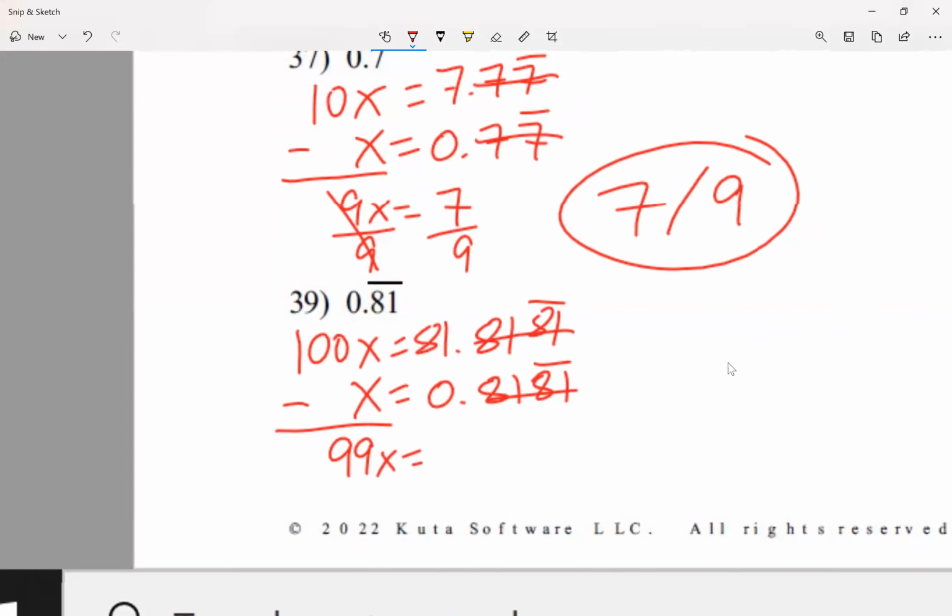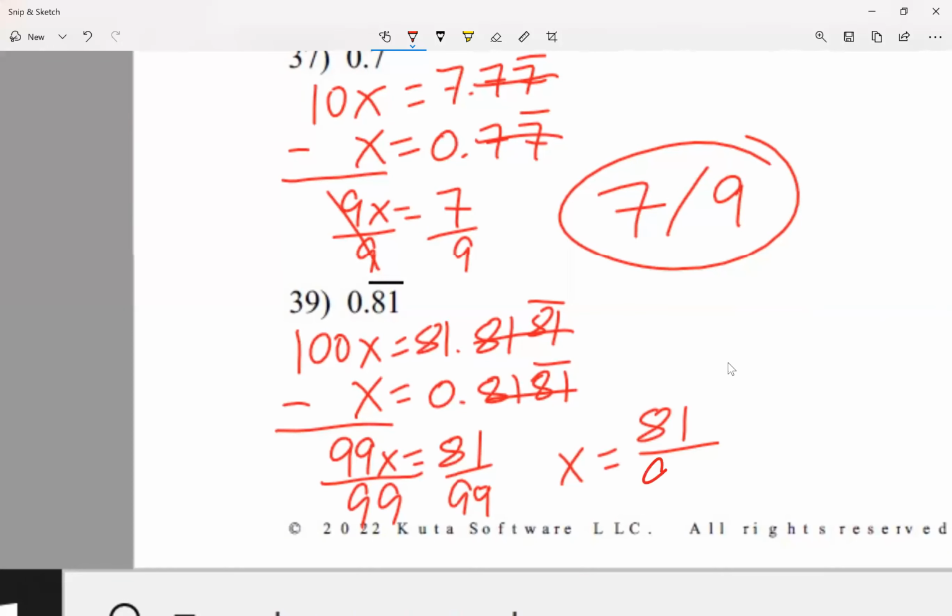The numbers after the decimal point cancel out. 81 minus 0 is 81. Let me divide both sides by 99. So I get that x is equal to 81 over 99. Now, if we can simplify, by all means do so. This one we can. I'm going to divide top and bottom by 9. My idea is to get the number smaller. So my answer will be 9 over 11.